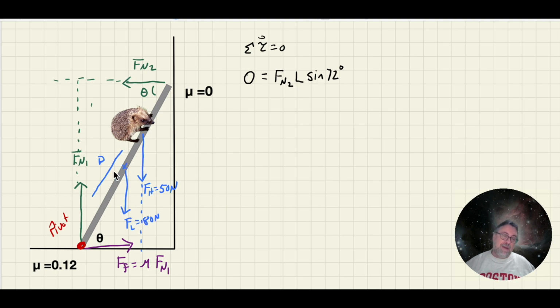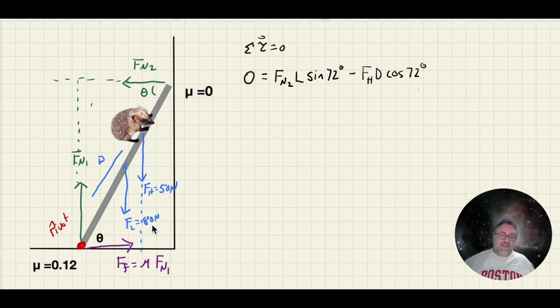So here, my hypotenuse is D, and I'm going to be looking at cosine. Now, Harry is going to cause a clockwise rotation of the ladder, so that's a negative torque. So the next part of my torque equation is negative. So I have minus the force of Harry times the distance D times cosine of 72 degrees.